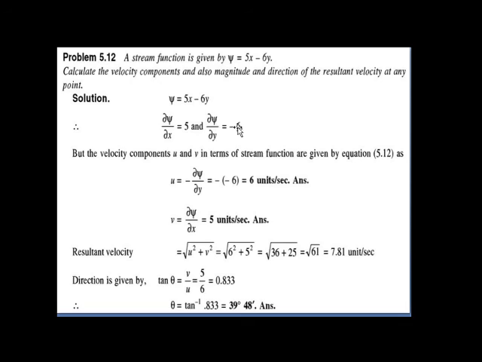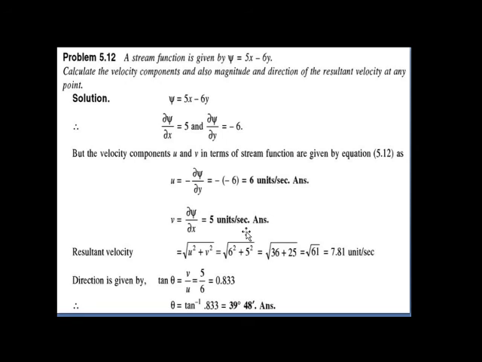From the definition of the stream function, we know that u is equal to minus dou psi by dou y, and v is equal to dou psi by dou x. If we put the values in the equations, we get minus of minus 6, which is equal to 6 units, so u is 6 units, and v we get as 5 units per second.